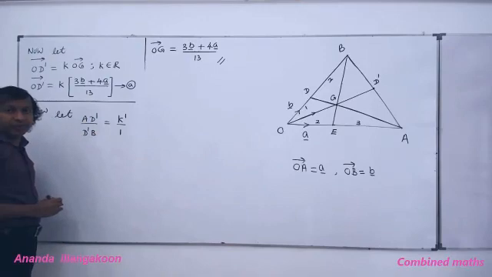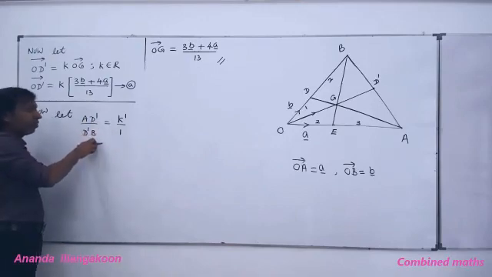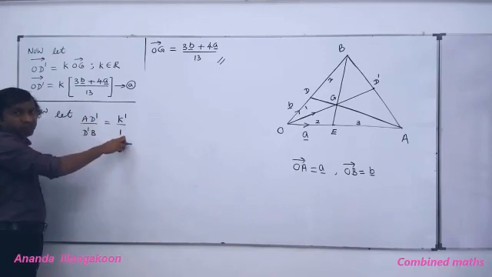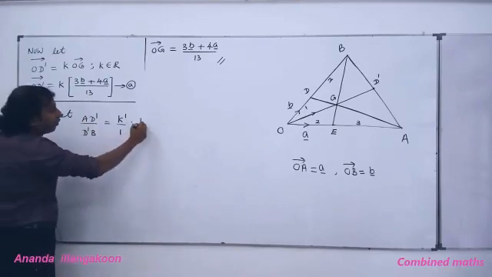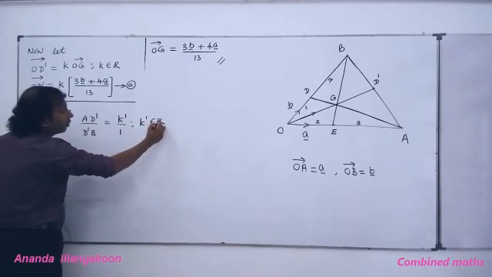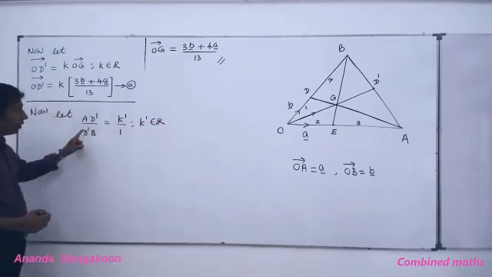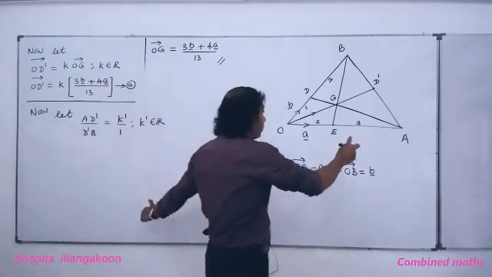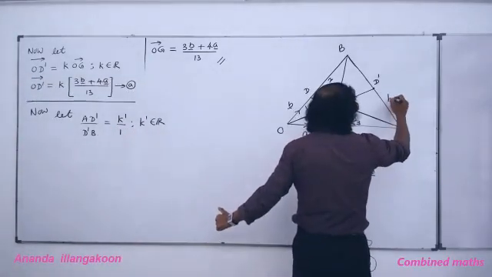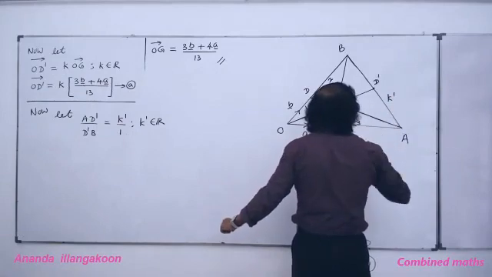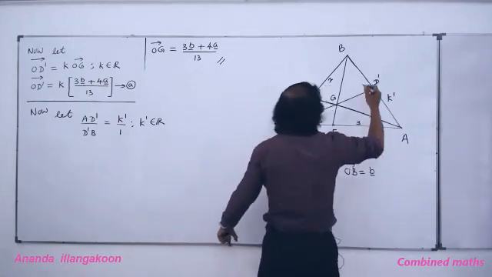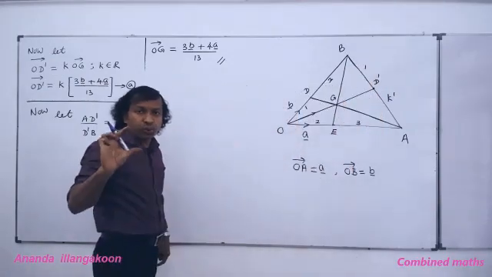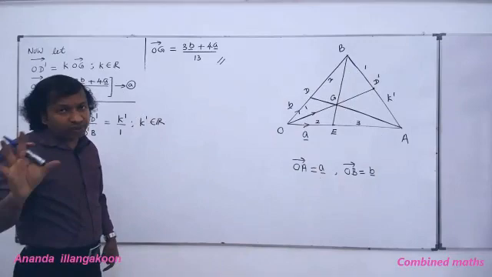So AD dash divided by D dash B equals K dash is to 1. What is K dash? K dash is a real number. So AD dash is K dash and D dash B is 1. K dash is an unknown; we'll find that later.